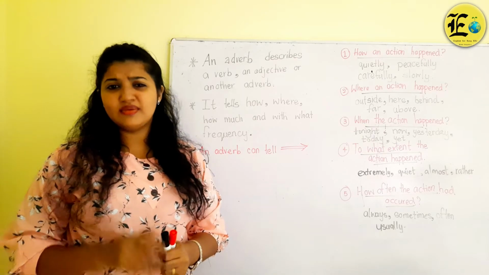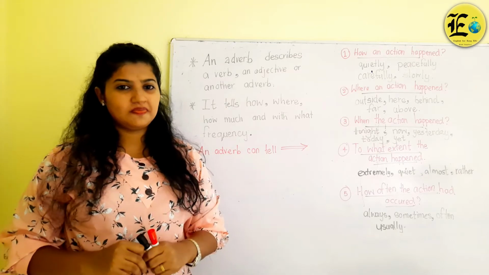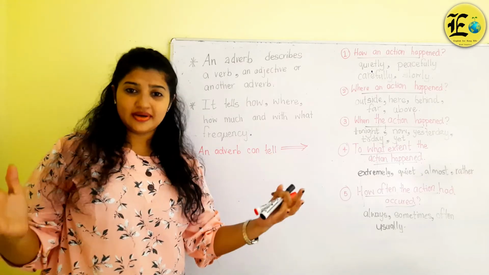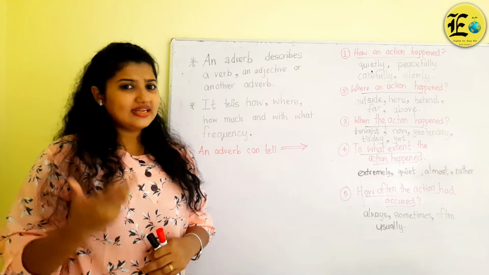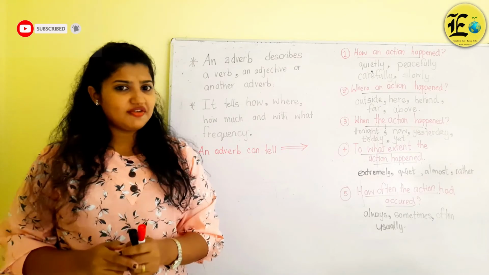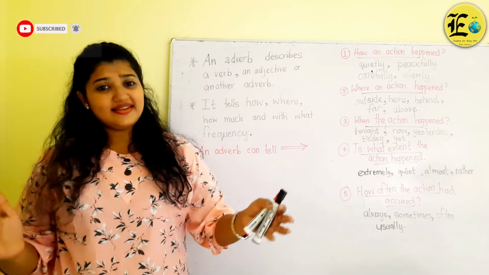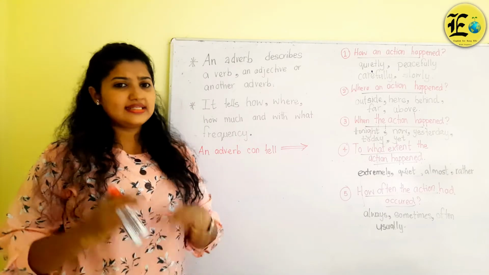What would be the most basic definition that you could give for an adverb? Most of you might have heard that an adverb is just a word that is used to describe a verb. But what if I show you an extended definition with some more content added to it? It's like this.